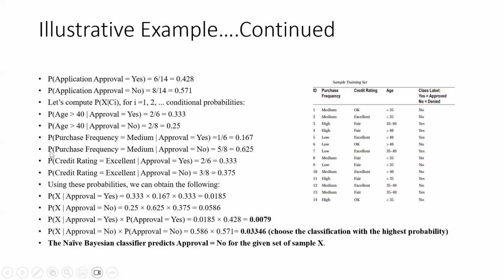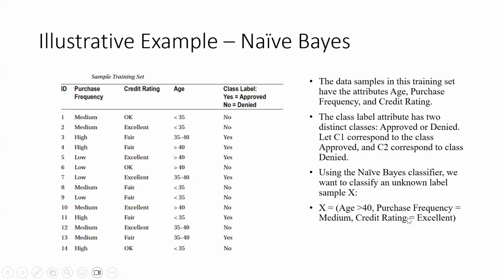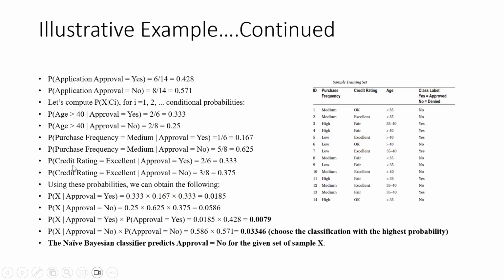Credit rating. Remember that all this we are picking is because of the prediction we want to make. We have taken over 40, we have taken medium. Now let's go and take excellent. So the probability that credit rating is excellent, given that approval is yes.